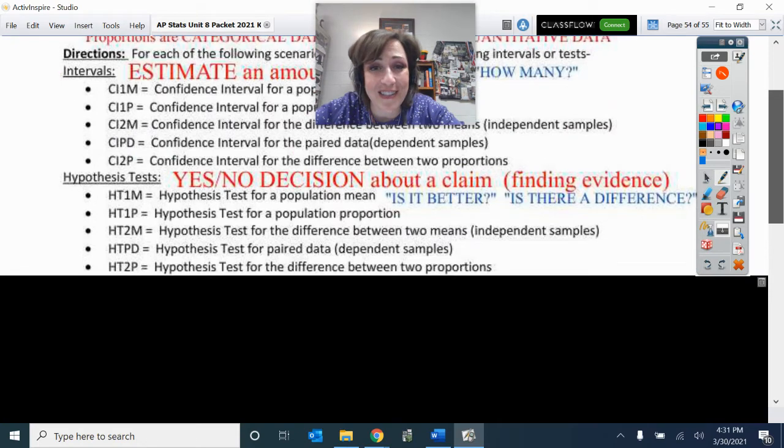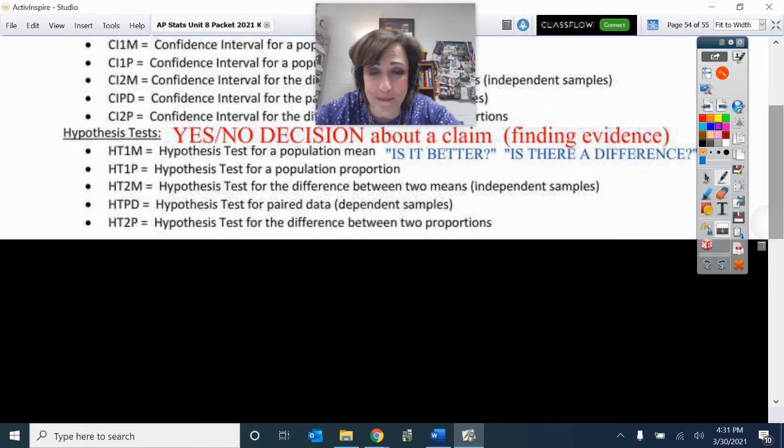Now let's talk hypothesis test. This is typically something where we are finding evidence about a claim. We want a yes or no decision about whether something is better than this, or is there a difference between this and what we think it is? A yes or no decision about how something is comparing. We'll have those same kinds of things up above, but we'll start with HT for hypothesis test.